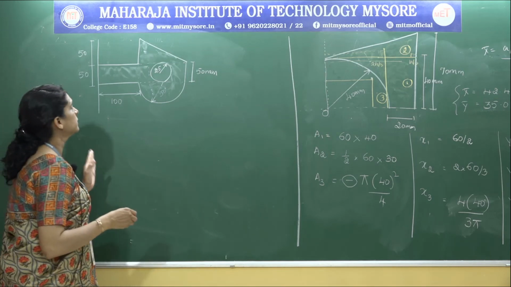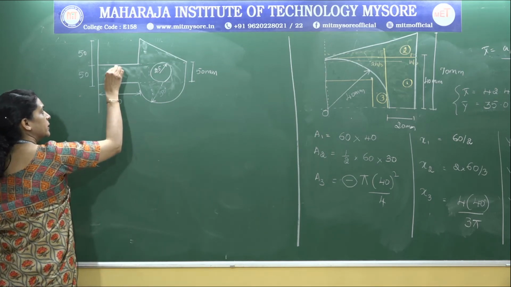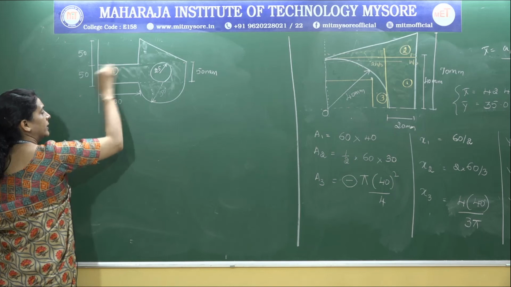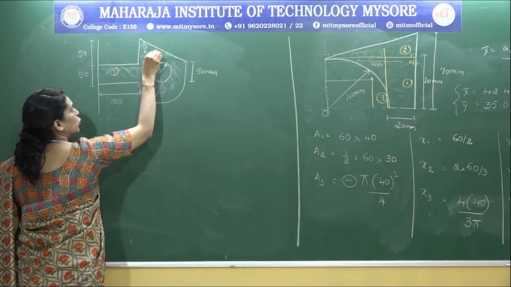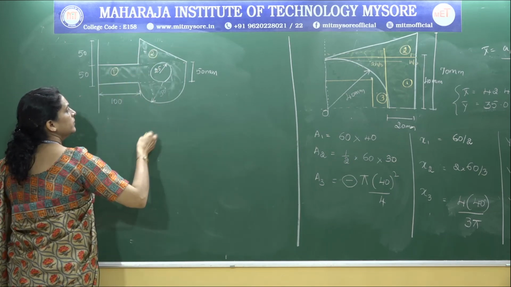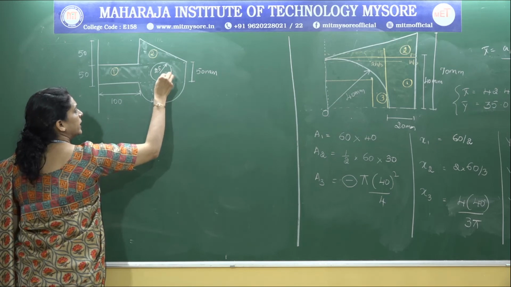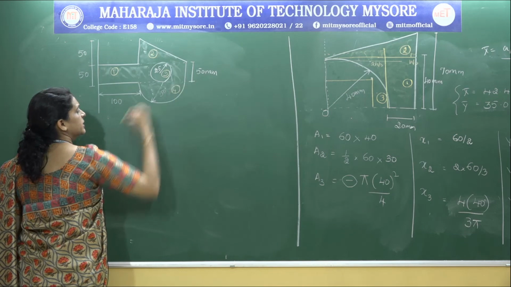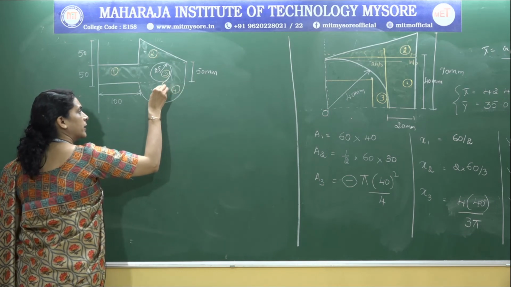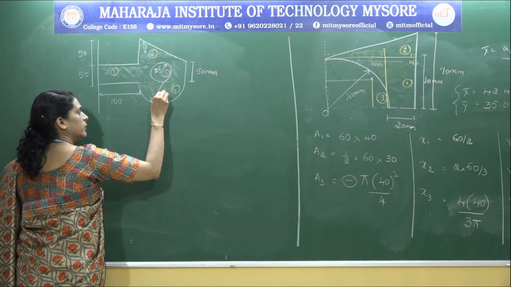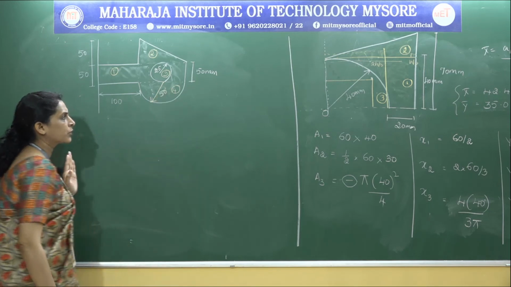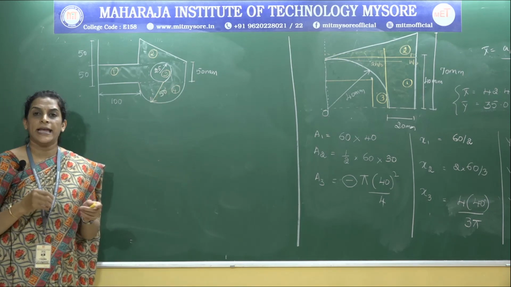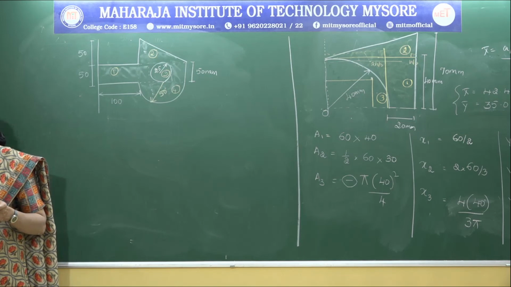So we shall mark the basic shapes: 1 rectangle, 2 right angled triangle, 3 circle and a semicircle. Here the radius is 50 mm. So we shall find out the areas individually.